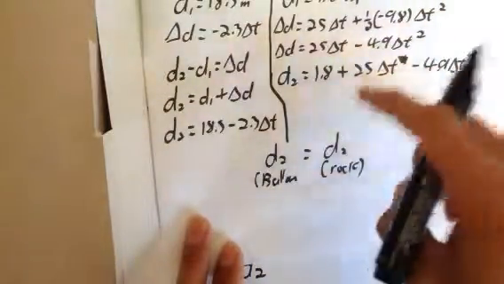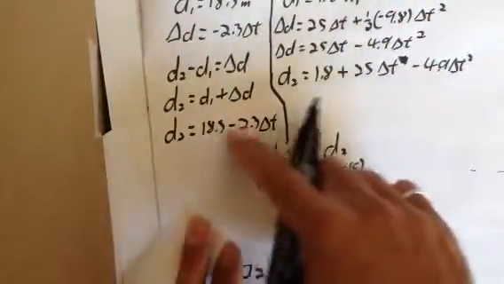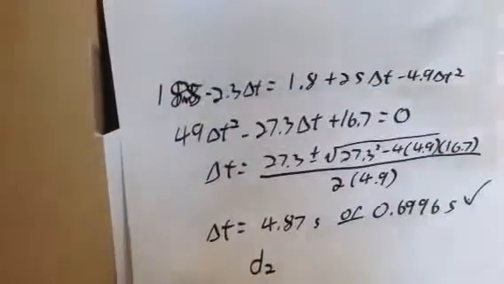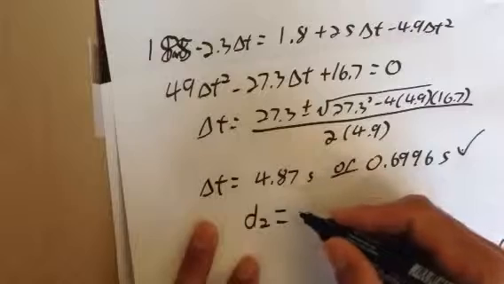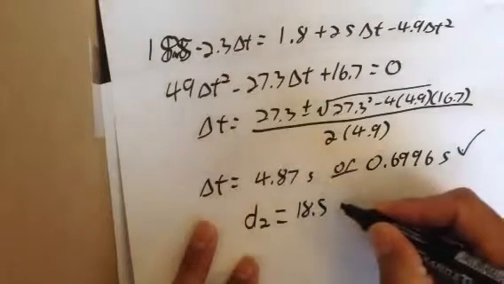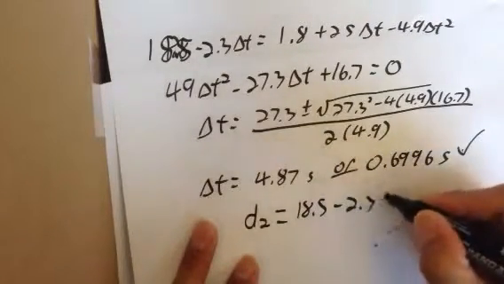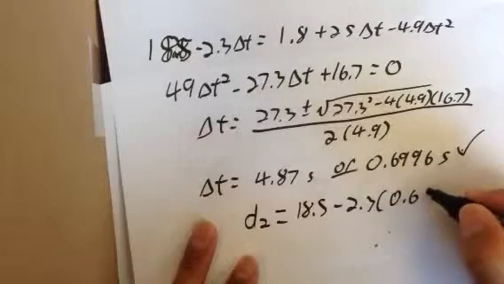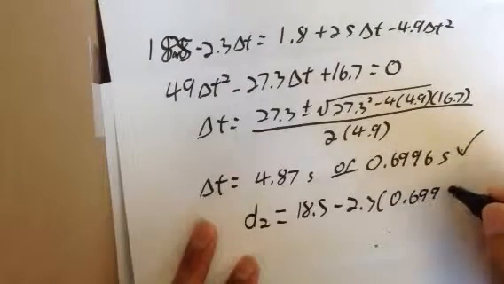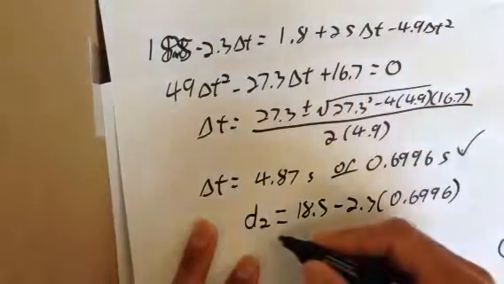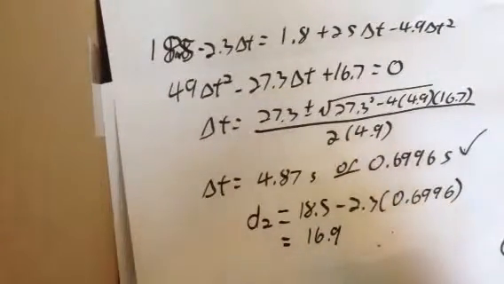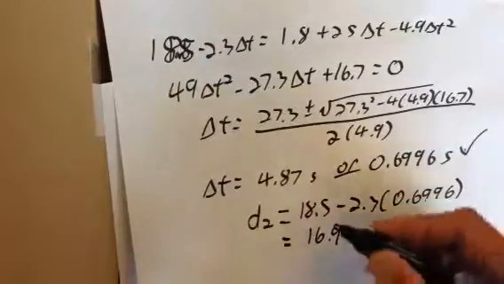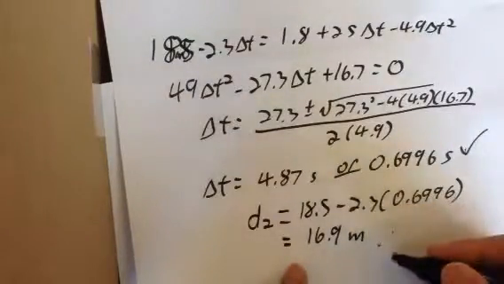Plug in that time, and they're both going to give me the same answer. This one looks simpler, so I'm going to use this one. So the final position is equal to 18.5 meters minus 2.3 times 0.6996, which is 16.9. So the rock is going to hit the balloon at 16.9 meters above the ground.